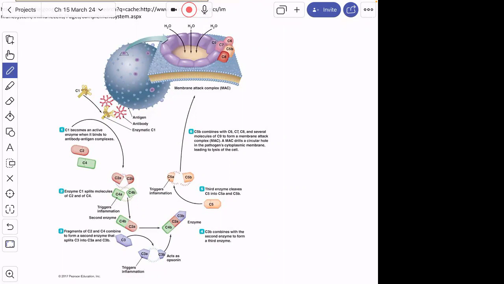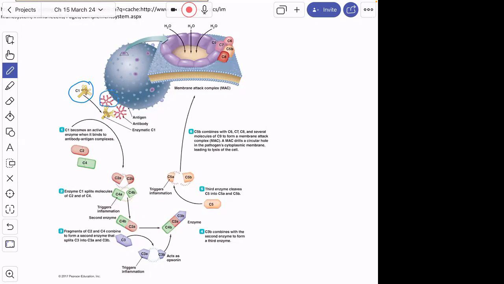But if we walk through this, here's complement protein C1. And this happens to be the classical activation. So when complement is activated classically, that involves an antibody bound to some antigen, say it's a bacterial cell.